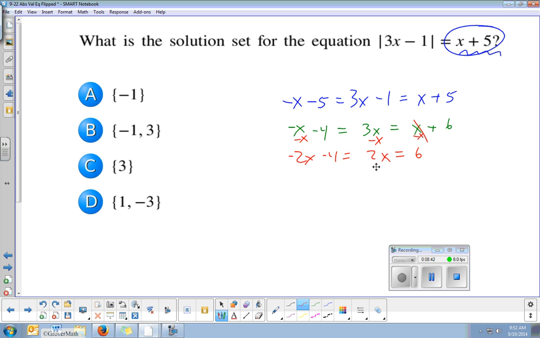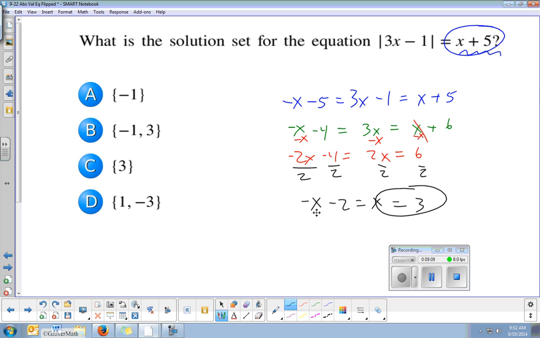And so now I can solve this by dividing everything by 2. When you divide everything by 2, I'm going to end up with negative x minus 2 equals x equals 3. And so I end up with x equals 3 over here, and that's going to be one of my answers, but I'm not quite done with this side.